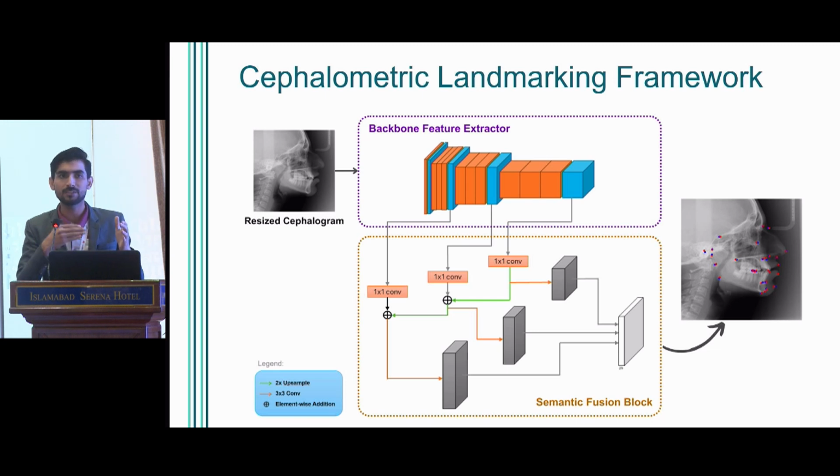So we not only fuse the features, but we also keep moving along the encoder-decoder architecture. We keep increasing the spatial dimensions, and in the meanwhile, we are also fusing the features. Hope that answers the question.